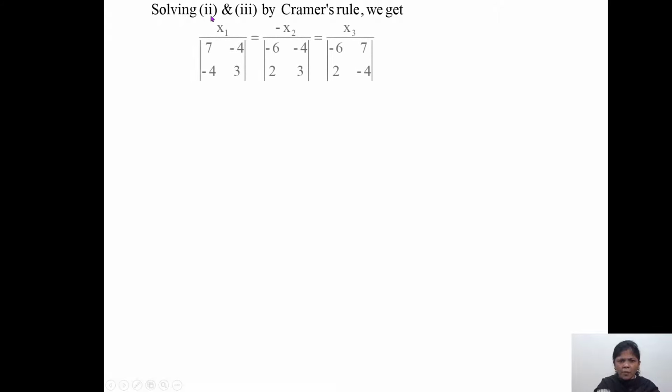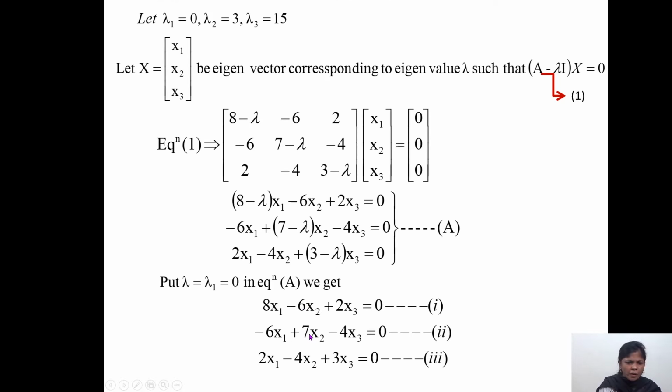So how to solve? We will make use of Cramer's rule. Solve any two equations. I am taking the second and third equation. By using Cramer's rule we get x1 upon, now what do we do? When I am writing for x1, we will write the coefficients of x2 and x3 from equations 2 and 3.